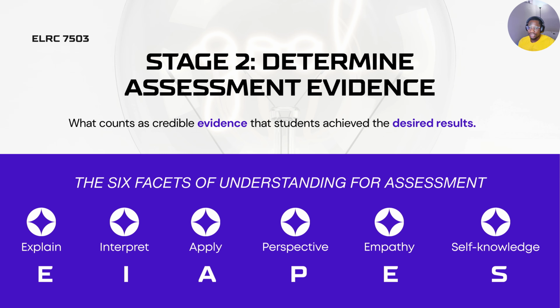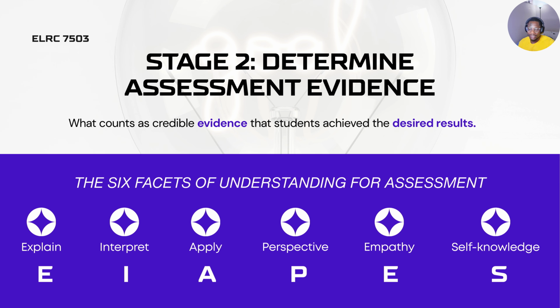Again, in stage 2, we have the 6 facets of understanding for assessment. They are explain, interpret, apply, perspective, empathy, and self-knowledge. I know by now you'll be scratching your head, how can I use all of these facets in one lesson?